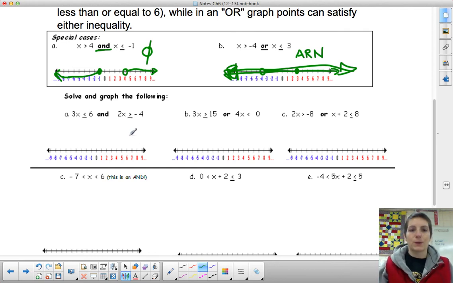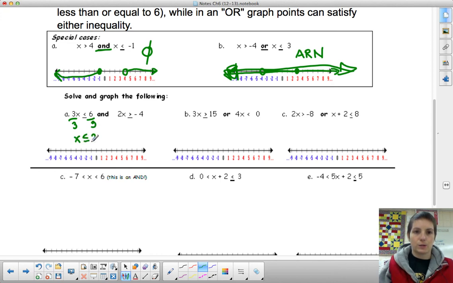So let me show you how I would work through problem A. First of all, we've got to figure out what x is supposed to be. So we'll divide both sides by 3. X is less than or equal to 2. Do the second one. Divide by 2, divide by 2.